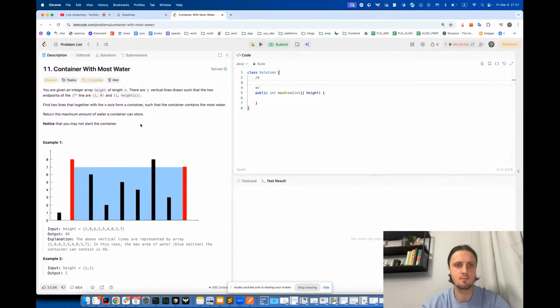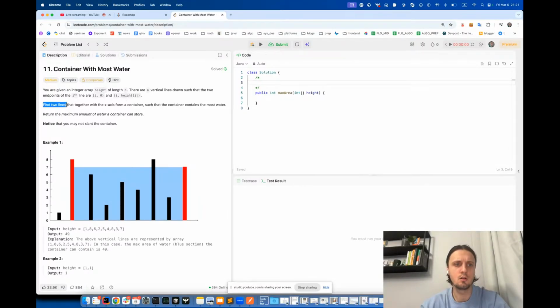So let's start. There are n vertical lines drawn such that the two endpoints of the i-th line are (i, 0) and (i, height[i]).